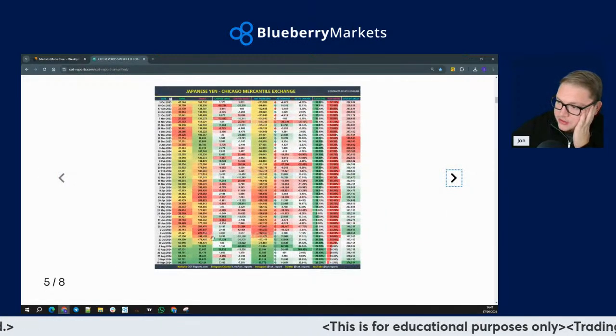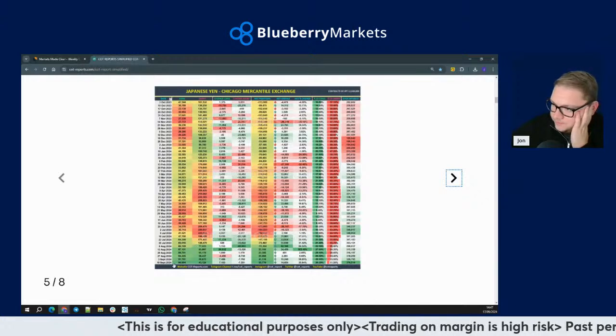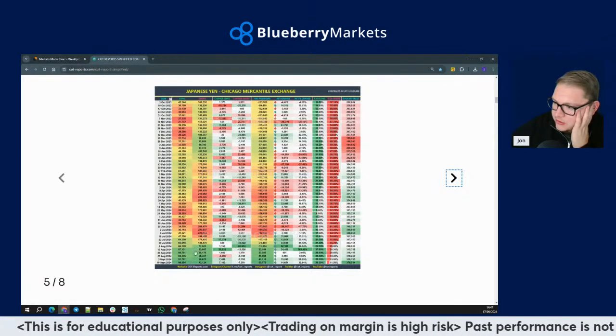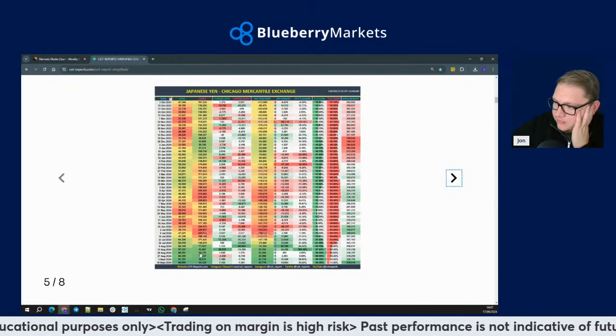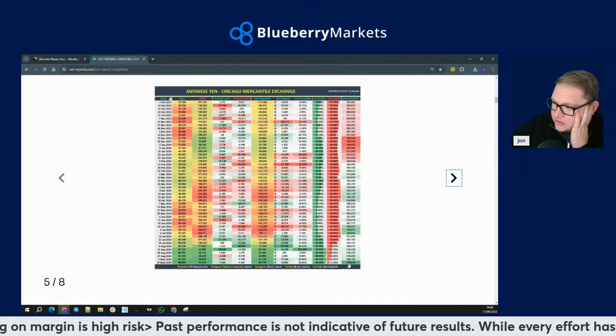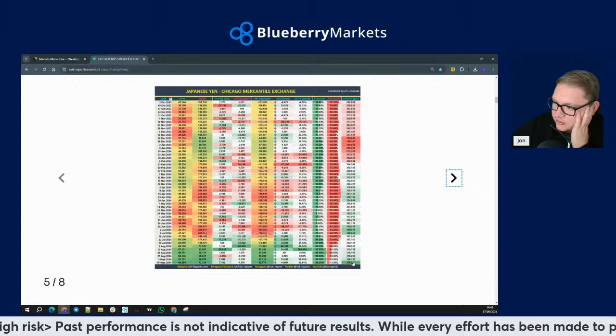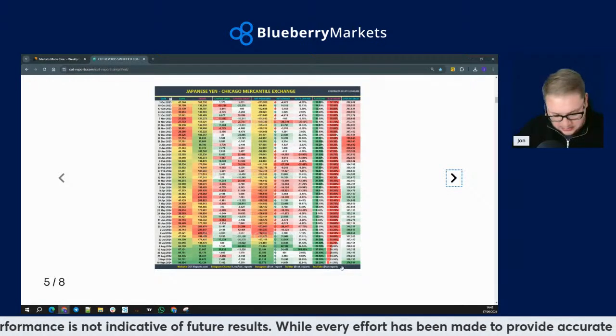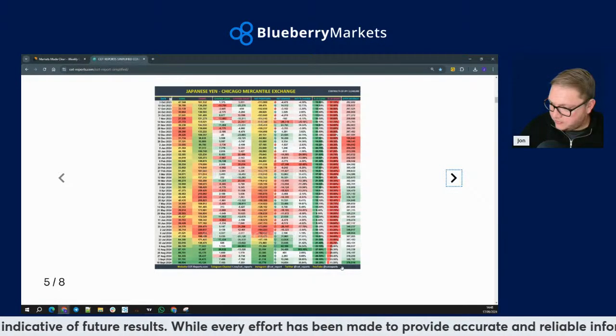Japanese yen is quite interesting though. This is why I'm focused on yen at the minute. Look at the long and short contracts here from the Japanese yen and look at the open interest, right? We're at 376,000. So look at the coloration of the cells here. I'll try and zoom in one more time, see if it'll let me.